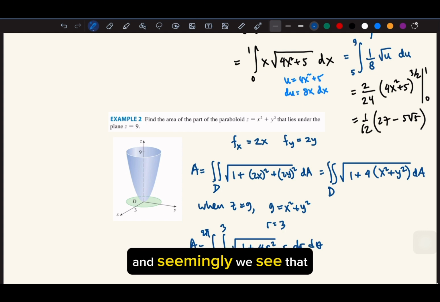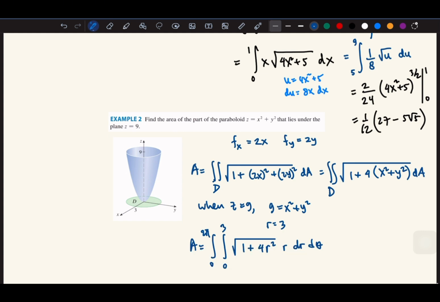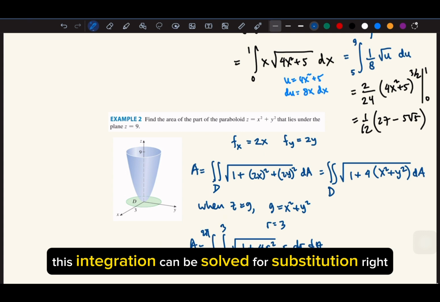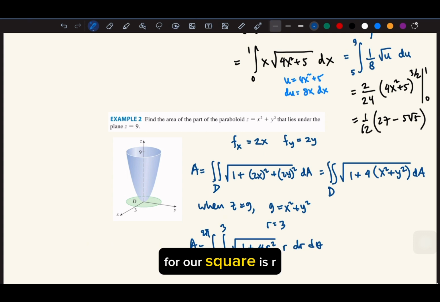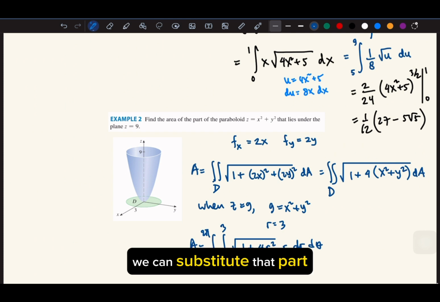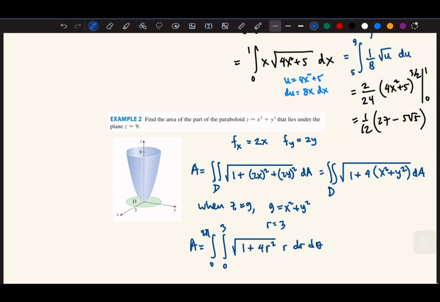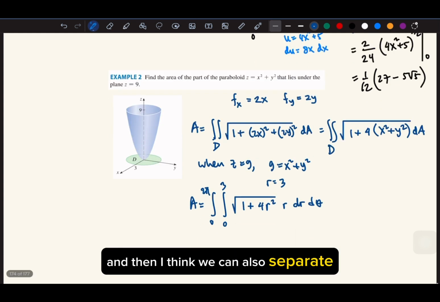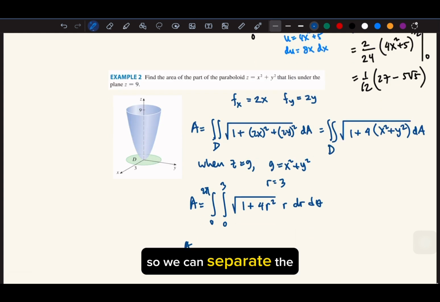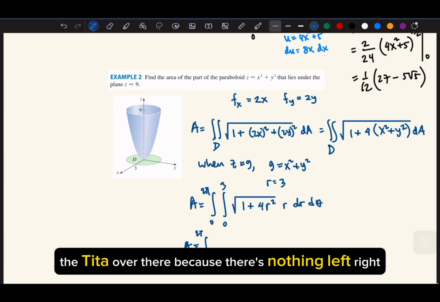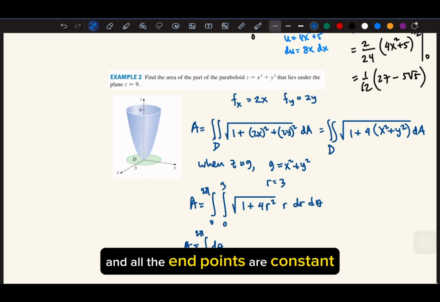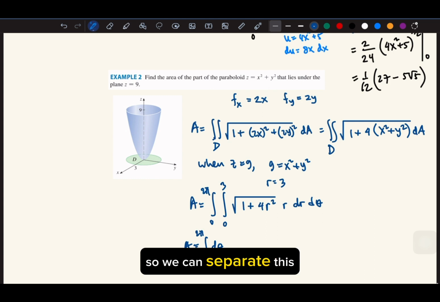And similarly, we see that this integration can be solved through substitution, right? Let u equal 1 plus 4r squared, so let's substitute that part. And then I think we can also separate. We can separate the theta over there because there's nothing left, and all the endpoints are constant, so we can separate this.